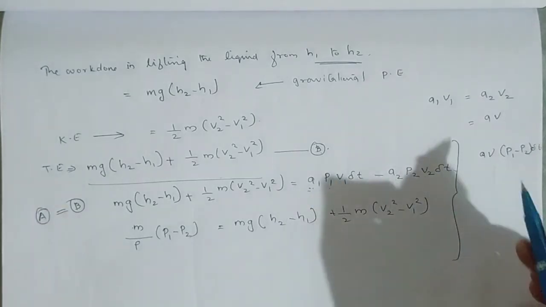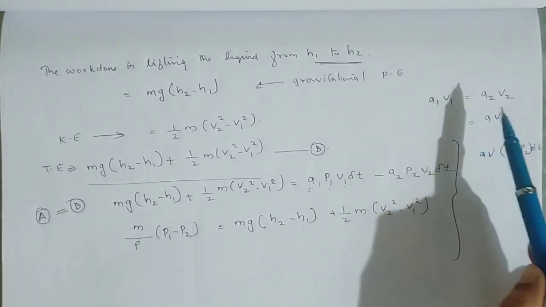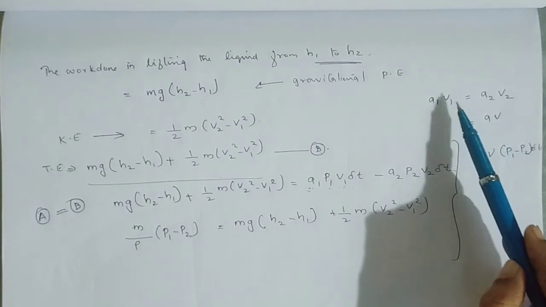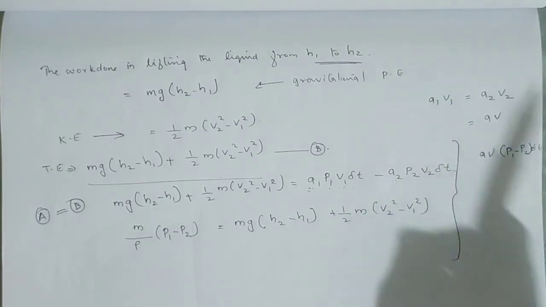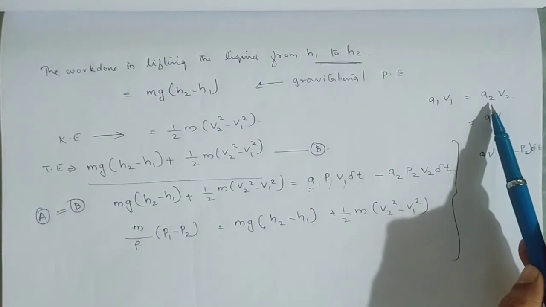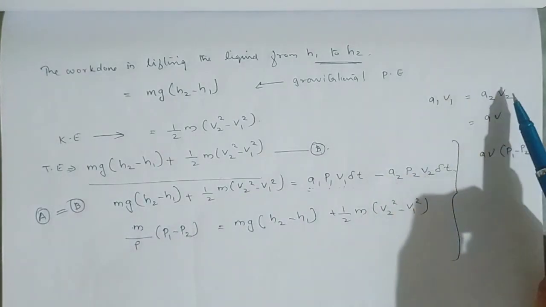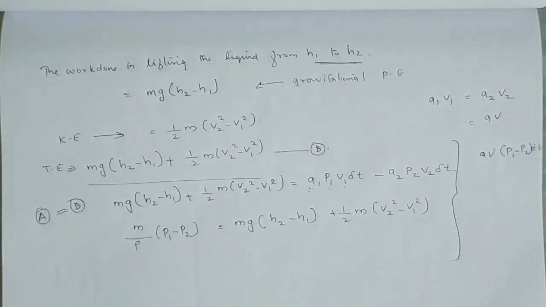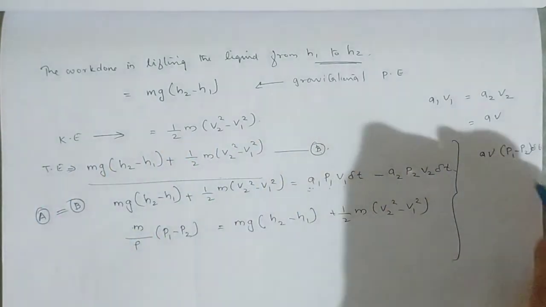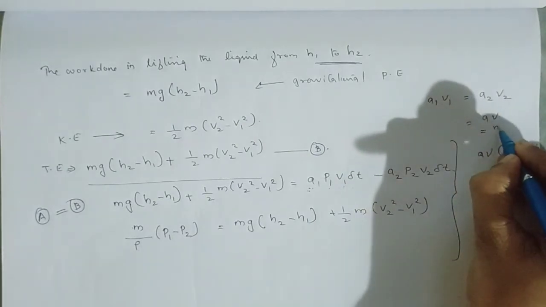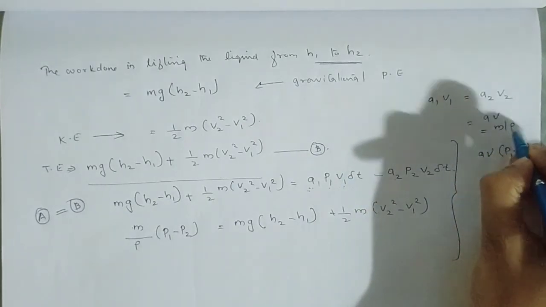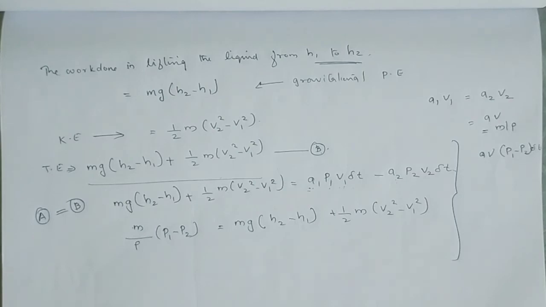Okay, A1 V1 is the volume entering the area, capital A, and A2 V2 is the volume leaving at the end B in time delta T. So this is equal to m by rho, where m is the mass of the liquid.